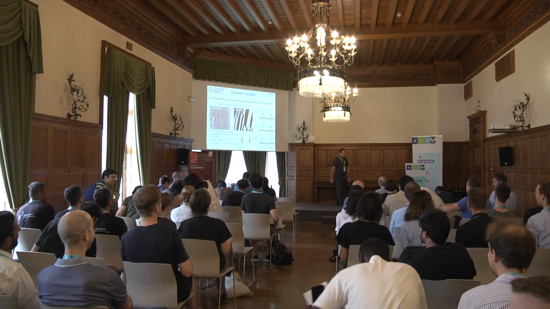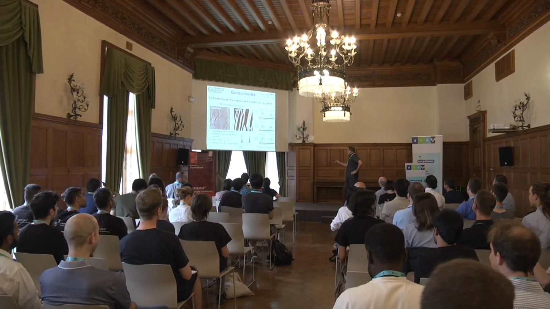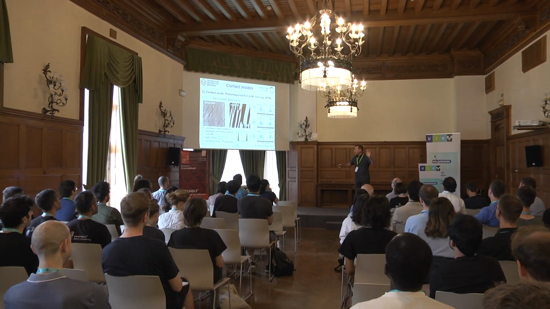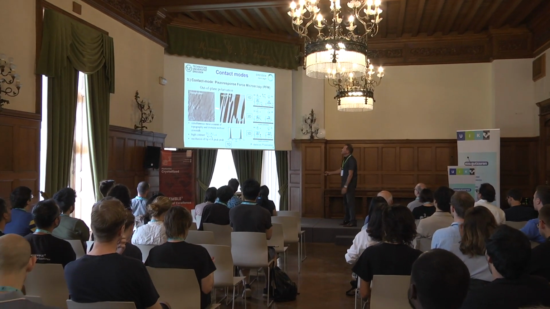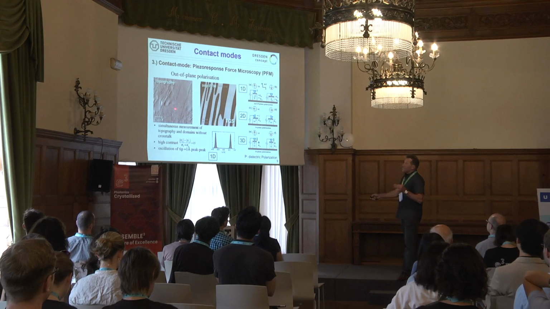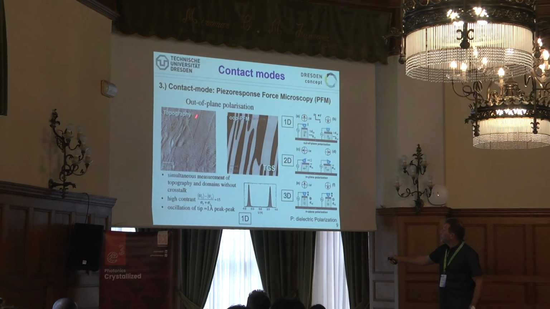Now, hopefully, you feel a bit better. So we see that we can now do physics with that, not only exercising. If I take a sample, this is triglycine sulfate, it has a flat surface topography. These are atomic steps, as you can nicely see in the topography image.